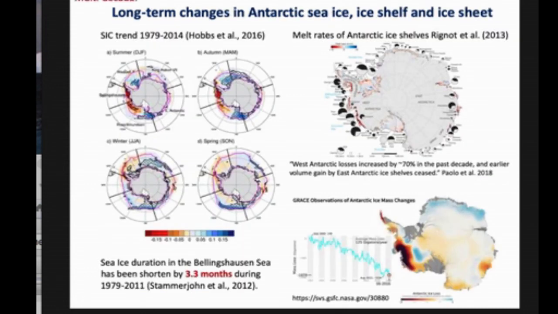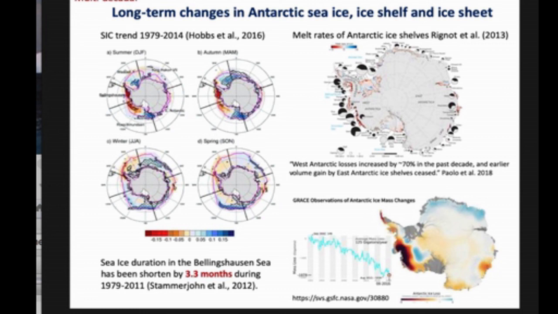Here is the Antarctic cryosphere. This is the relative trend of sea ice concentration, where red color is decreasing and blue color is increasing. With the 4 seasons around Antarctica, we see the largest retreat is in the Amundsen Sea and Bellingshausen Sea, the Western Antarctic Peninsula, and the increase dominated in the Ross Sea.